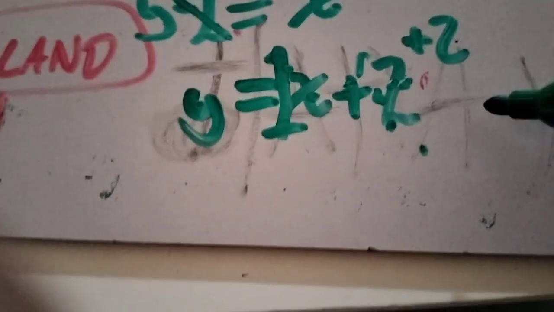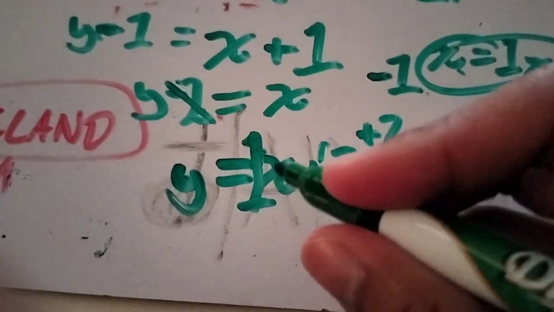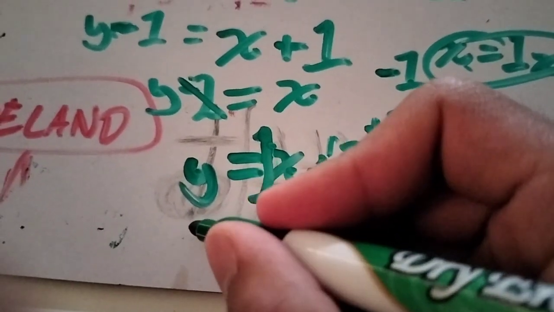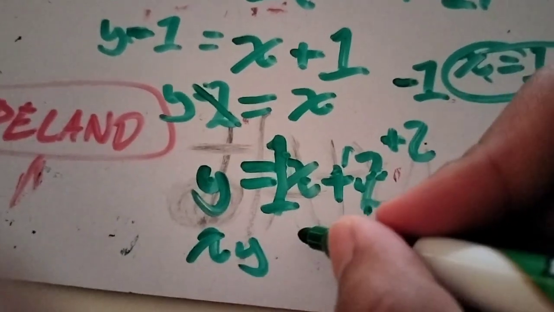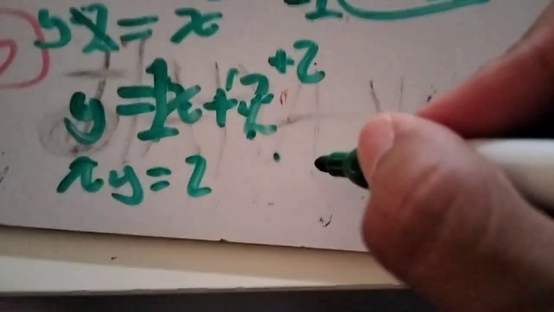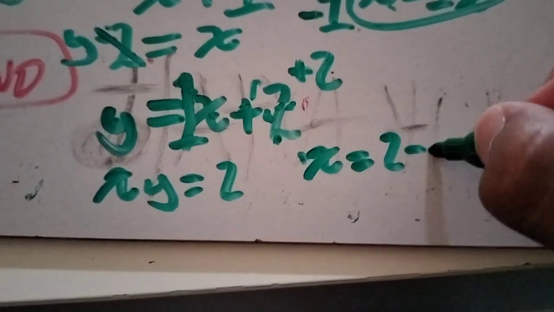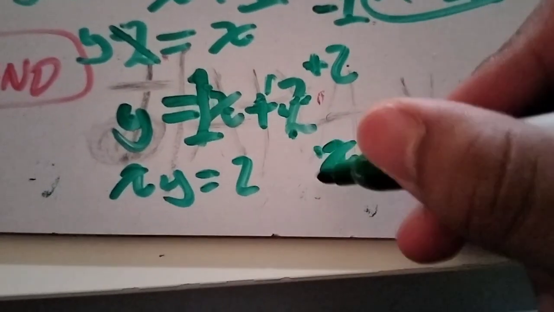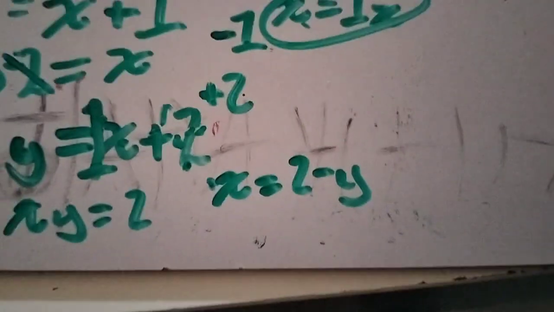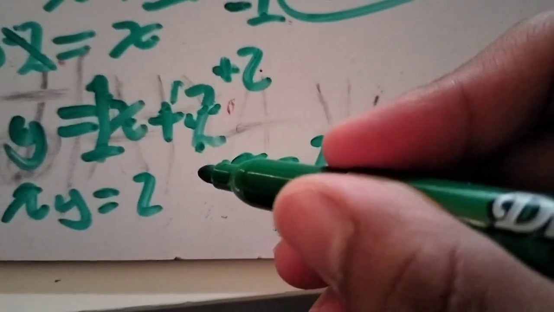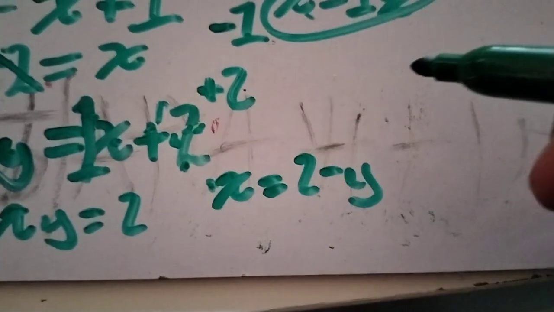You could subtract this, move it over to here, so that it is x, y equals 2. And subtract the y, so that x equals 2 minus y. Ax plus by. Nah, it's too difficult for me.